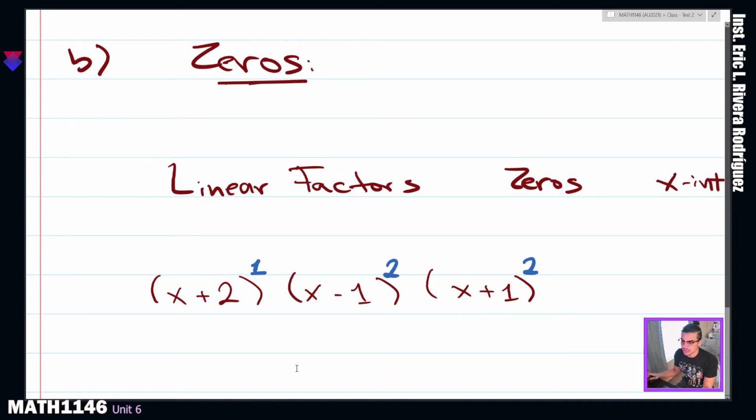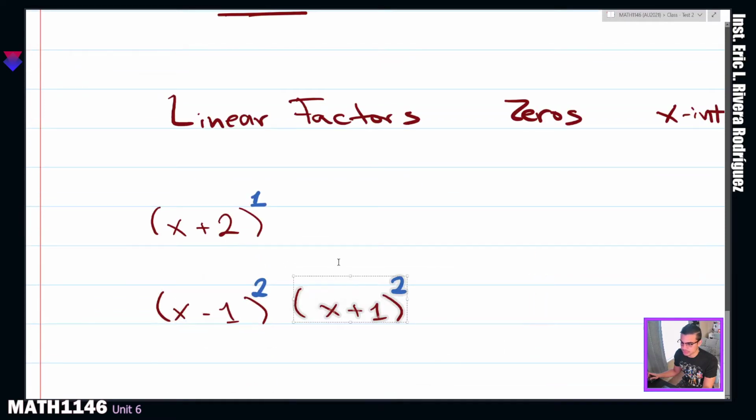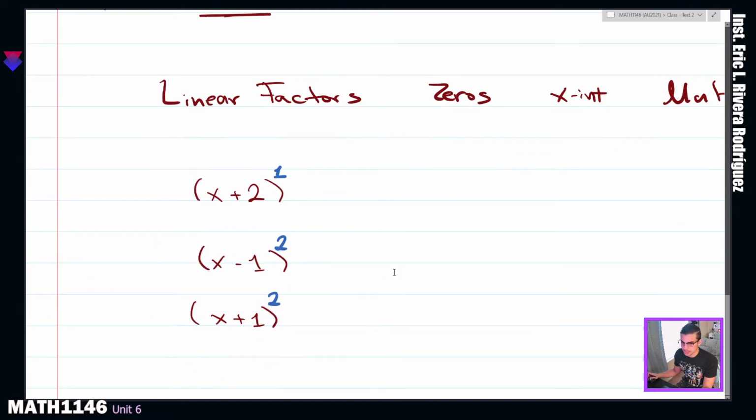Okay, I'm going to leave the exponent of the factors because we are going to use them to identify the multiplicity of the factors or the zeros. All right, so those are the three factors that we have: x plus 2, x minus 1, and x plus 1. Yes, and we are seeing their exponents or their multiplicity.